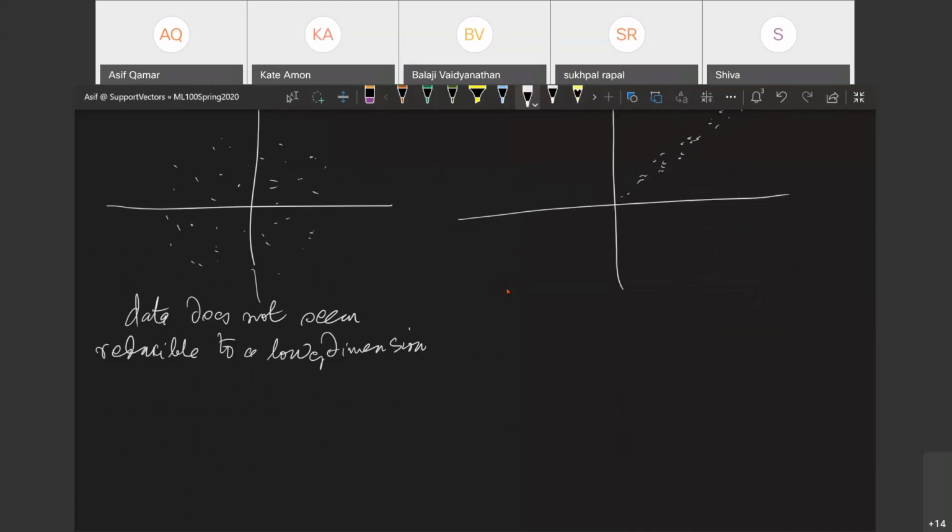And here data does seem to be close to a diagonal line, isn't it? So what it means is that in some situations you can reduce the dimensionality, in some situations you cannot. We are going to learn about one particular technique today. It is called principal component analysis.